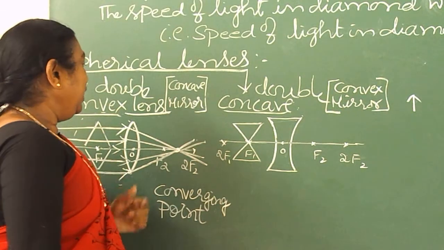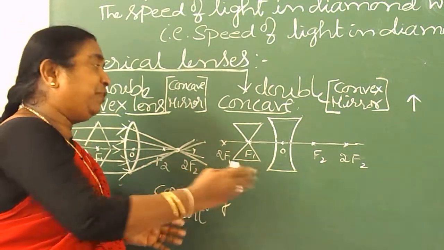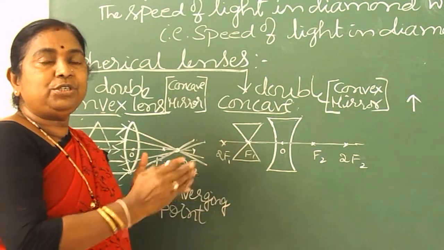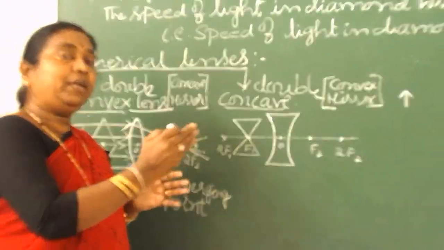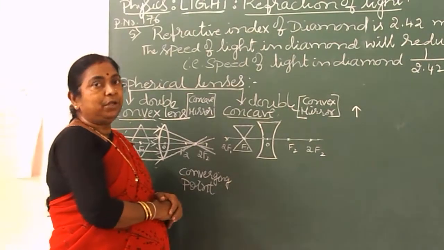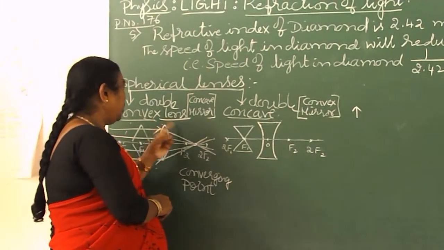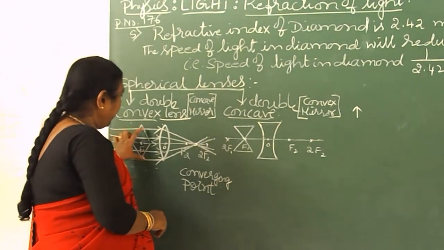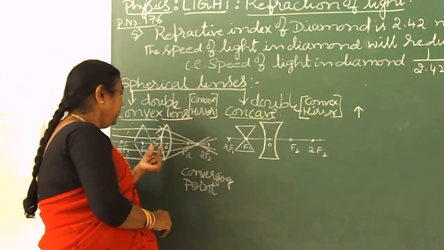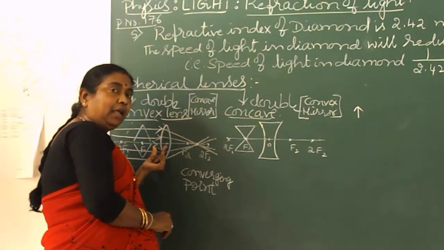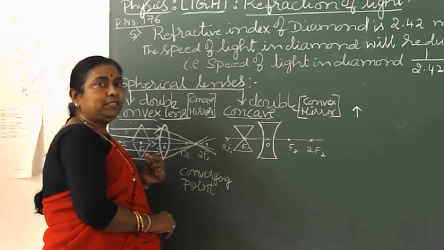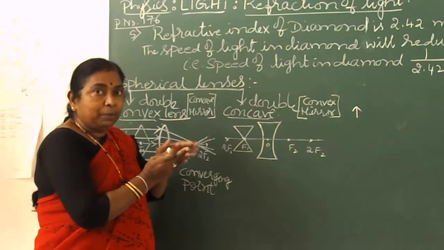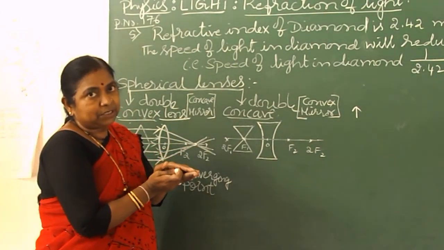Whatever images are formed at the different distances, in the next column, by drawing the position of an object, you can observe where the image forms. Always mind it, in the convex lens, whenever the object is kept at any position except between the optic center and the principal focus, the rays meet at one point after refraction.